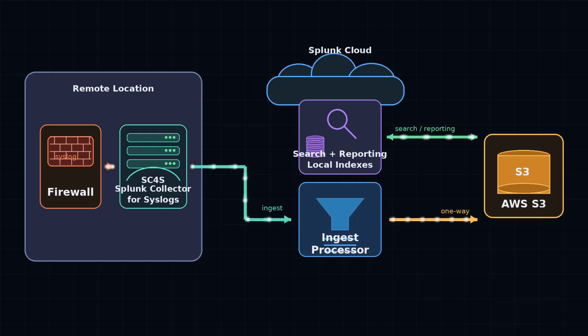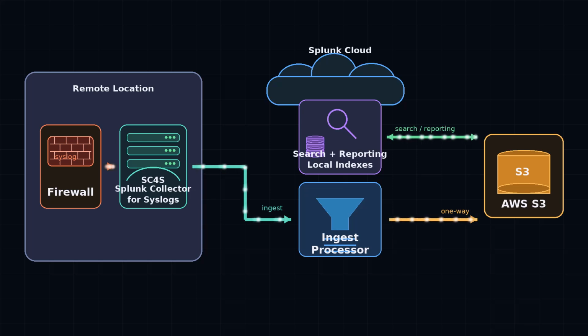What you're looking at here is a modern approach to handling firewall and network data without the traditional overhead. On the left, we start with the firewall, continuously generating syslog data. That data is sent to a Splunk collector for syslog, or SC4S, which standardizes and forwards the events. From there, the data moves into the Splunk Cloud Ingest Processor, where routing decisions are made in real time.